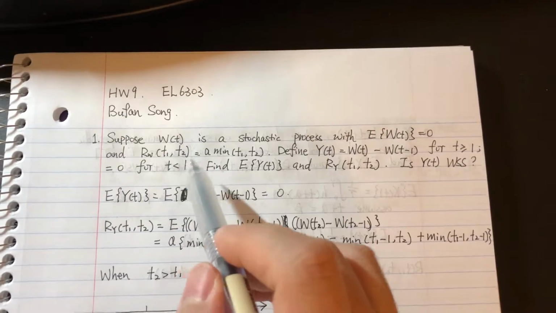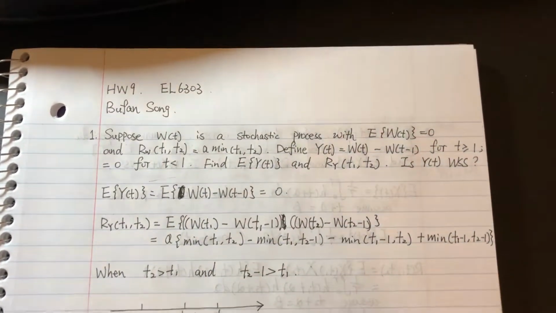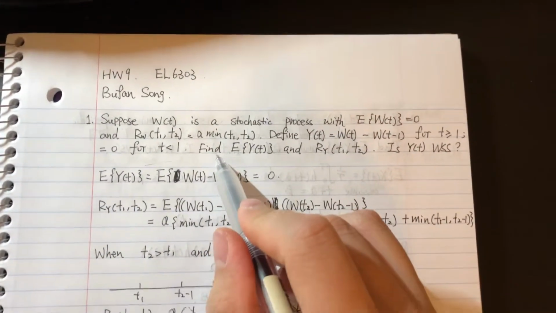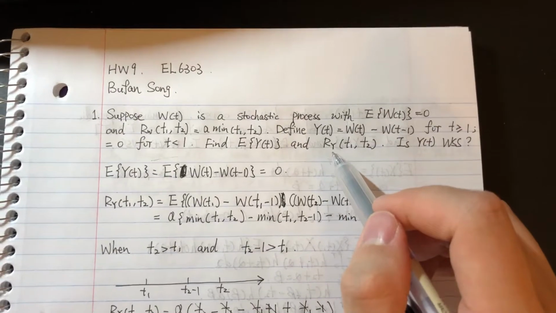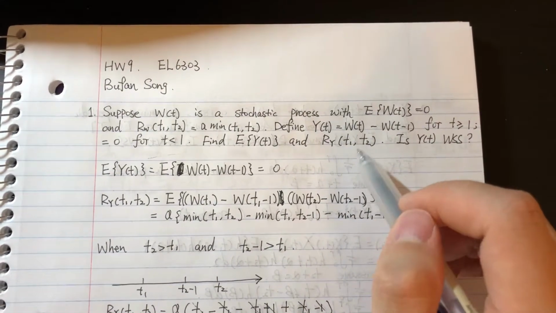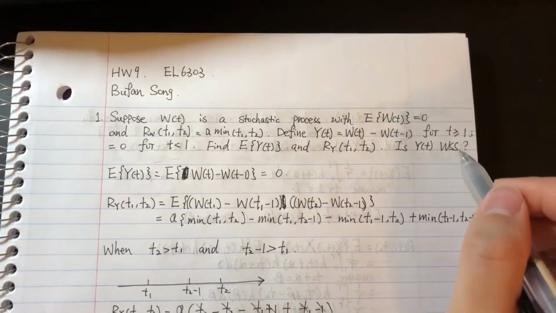Otherwise, when t is less than 1, Y(t) = 0. Find E[Y(t)] and Ry(t1, t2), and ask is Y(t) WSS.